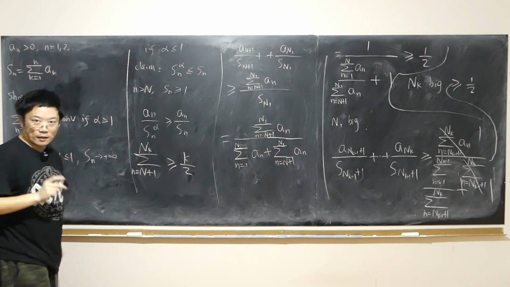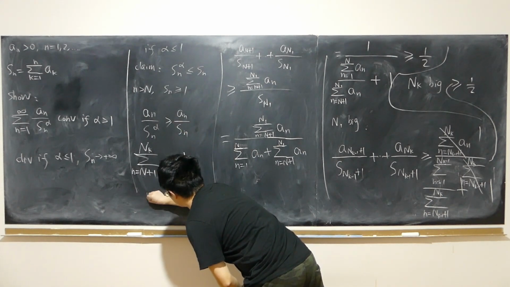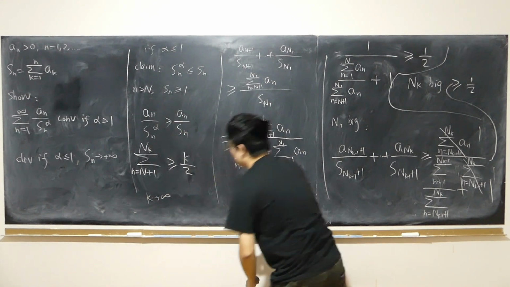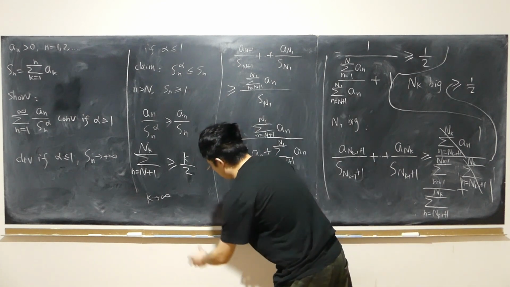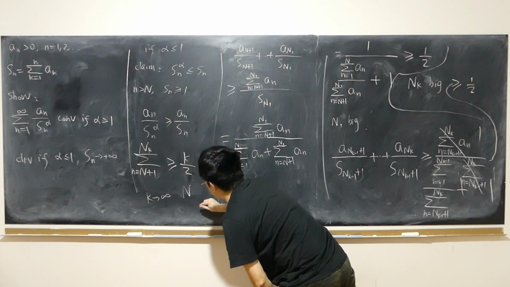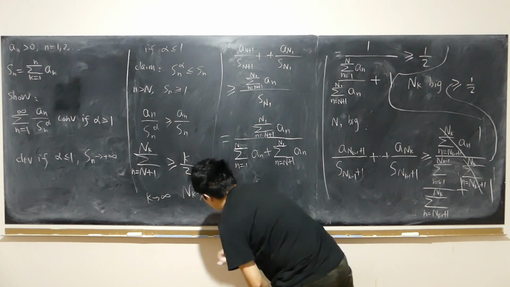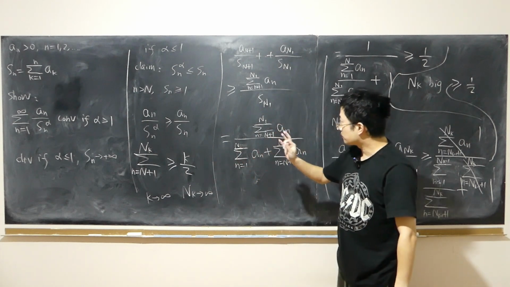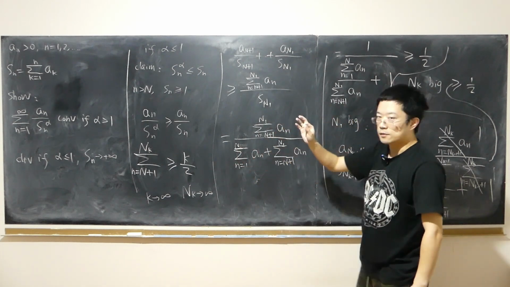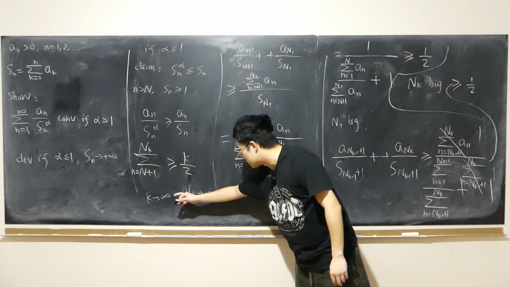Right now, I let k approach infinity. This is perfectly legal. So as k approaches infinity, k is big enough, so that means automatically capital N sub k, of course, approaches infinity, because capital N sub k always goes faster than k.